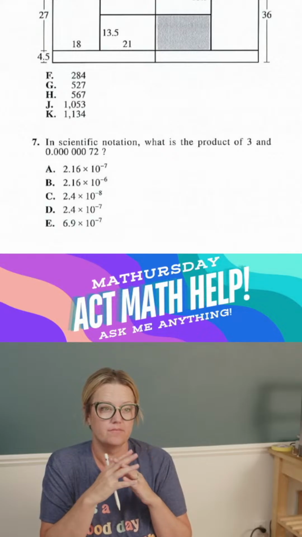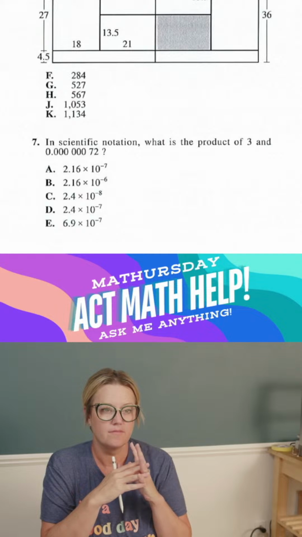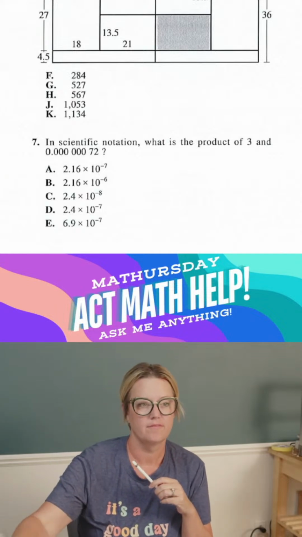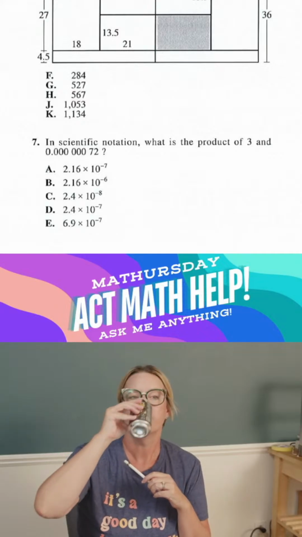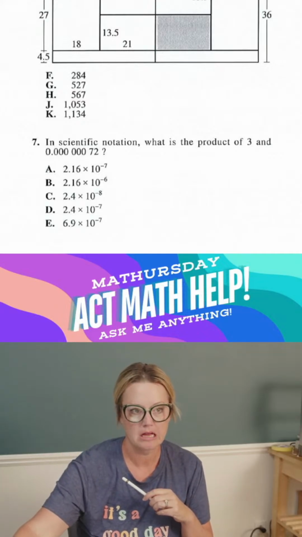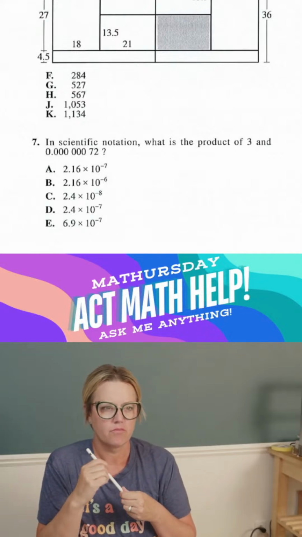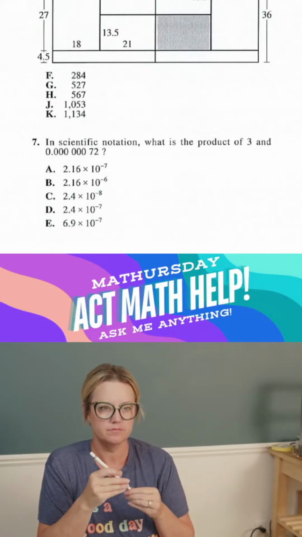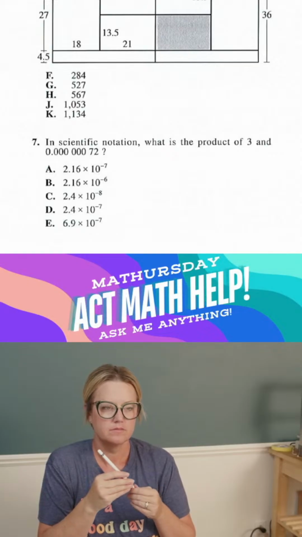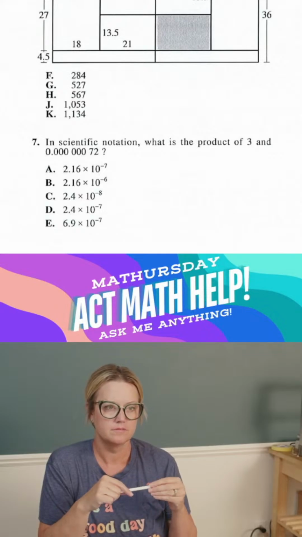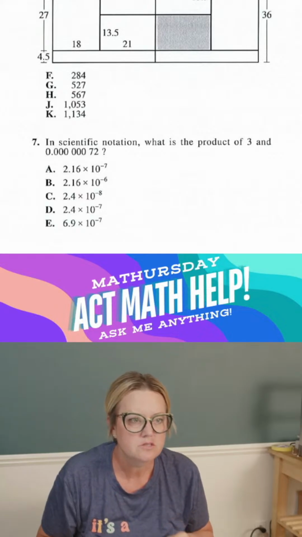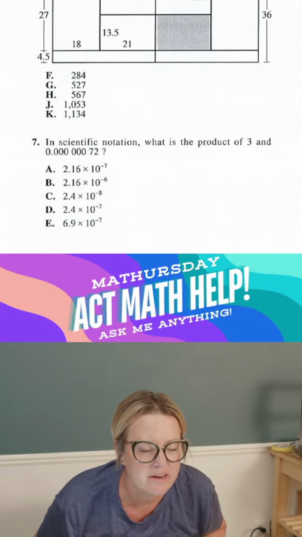Okay. So, Sir Bear, there are 180 degrees in a triangle.